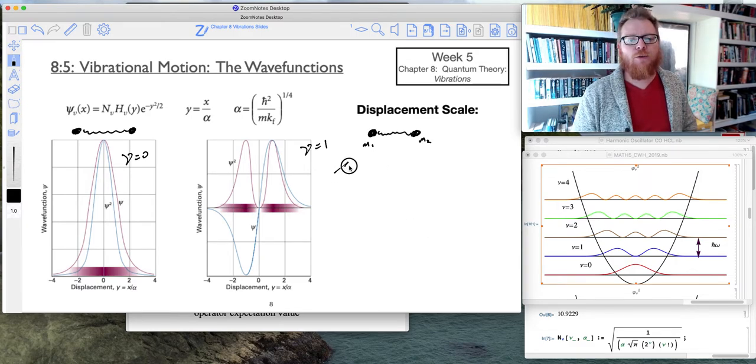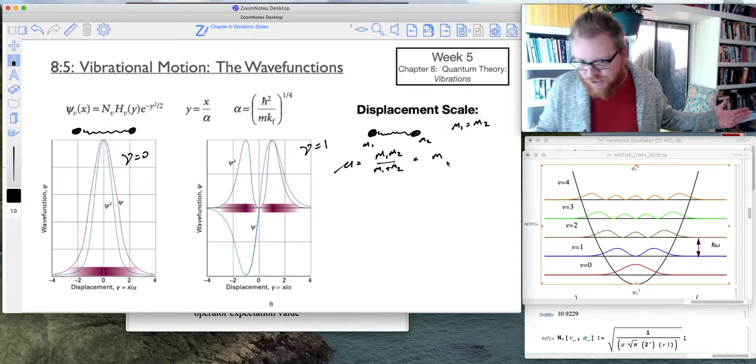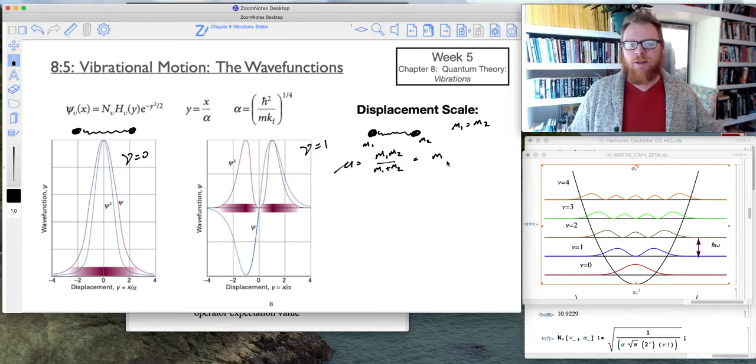And so I'll remind you, reduced mass gets the Greek letter mu, and that goes as M1 times M2 over M1 plus M2. And of course, if M1 equals M2, then my reduced mass just becomes the mass, right? It becomes the same parameter, okay?